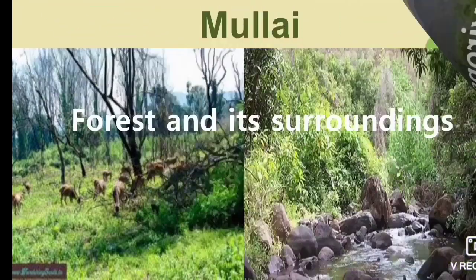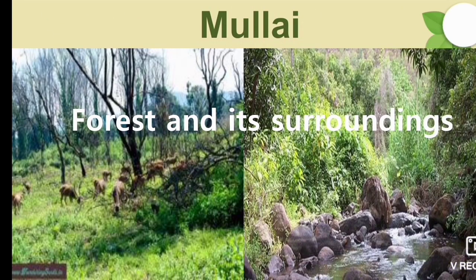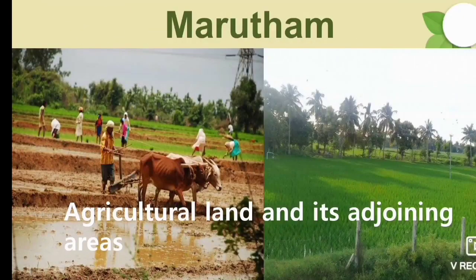Next is Mullai, forest and its surroundings. Mullai is the land of the forest. The forest is rich with lakes, waterfalls, teak, bamboo and sandalwood. Next is Marutham. Agricultural land and its adjoining areas is known as Marutham.